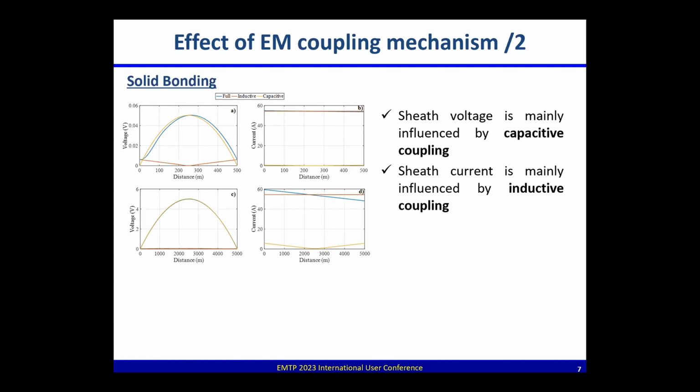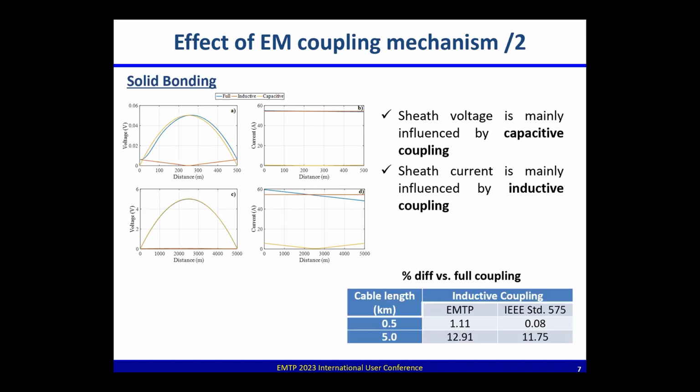We have a strong induced current. We have a way smaller charging current. So in the geometric addition of these two currents, actually the inductive current prevails.